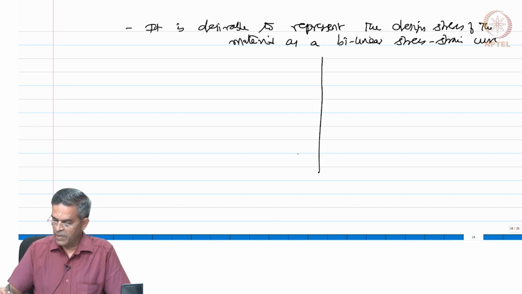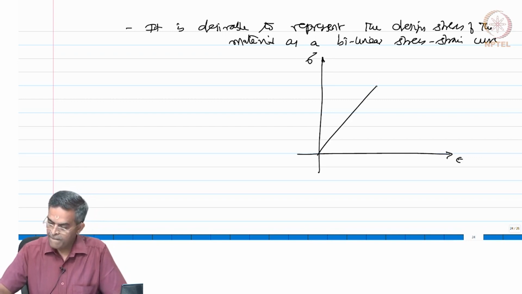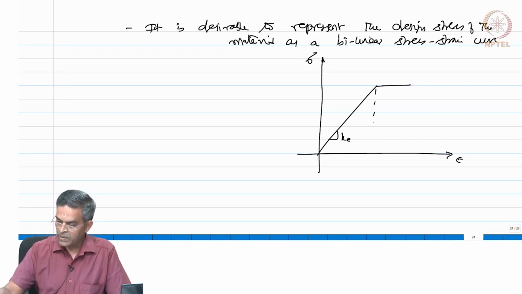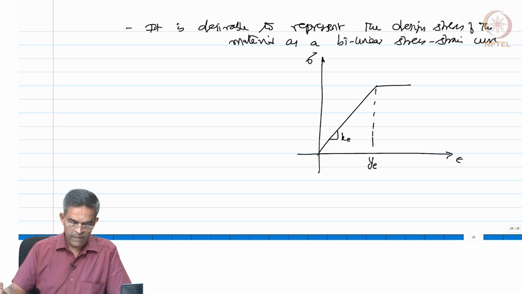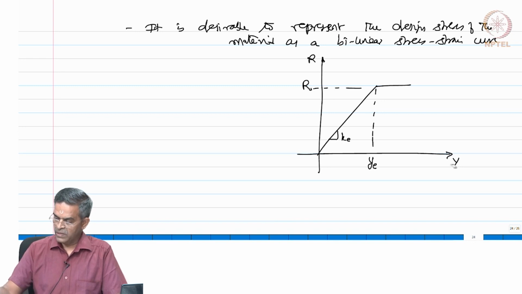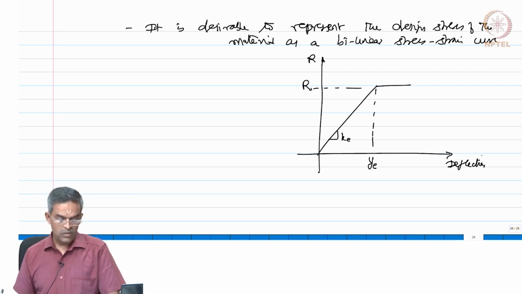So, we will express this as a bilinear stress strain curve, where the initial slope is Ke and this becomes my strain at E and this becomes my Ru. So, this is my resistance, this is my yield, deformation or deflection. So, it is a bilinear resistance deflection curve as you see here.